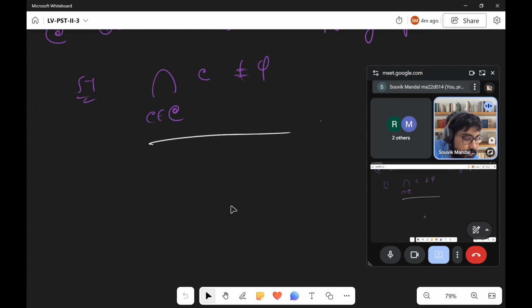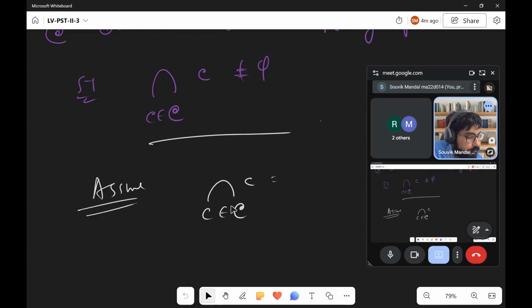So the basic way is to use the contradiction method. That is, assume that the intersection of C belonging to the collection is empty. Okay, assume it is empty.